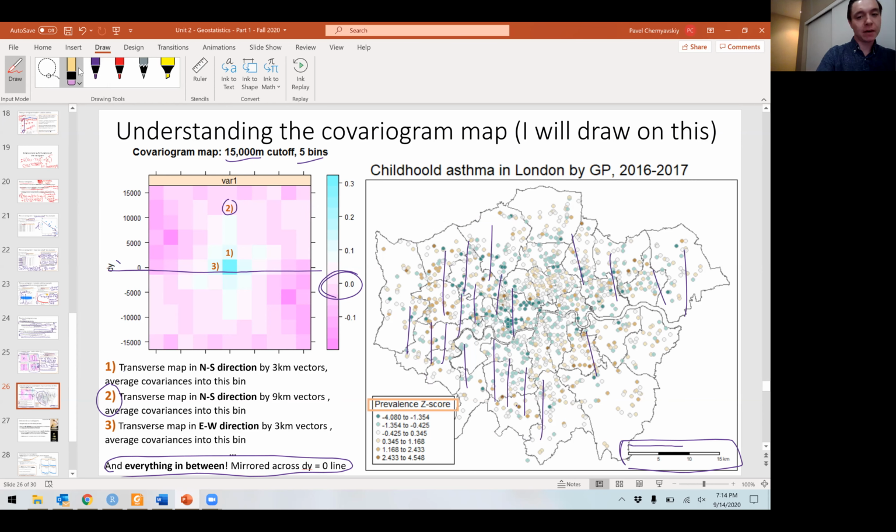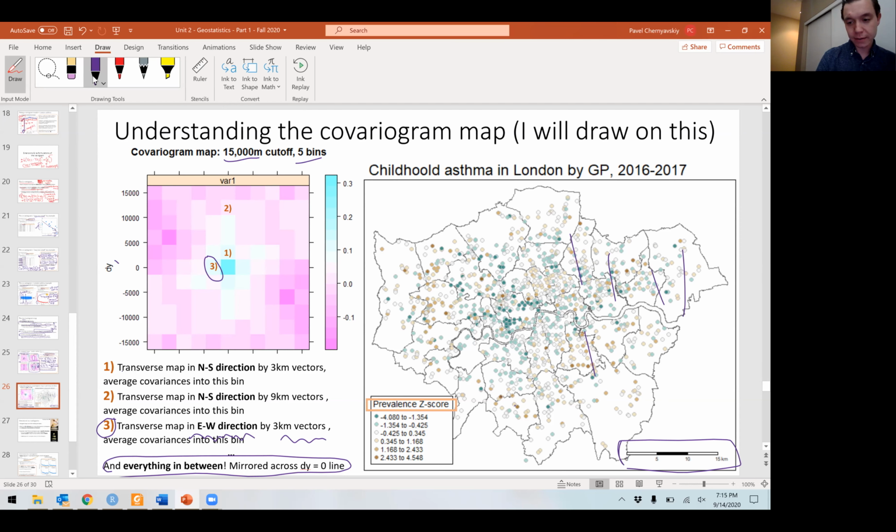And now, of course, number 3. We keep going in every direction, in every possible distance vector. All right, so now we look at number 3. We traverse the map in the east-west direction using 3-kilometer vectors, okay? I know how big my 3-kilometer vectors are. My 3-kilometer vectors are about that big.